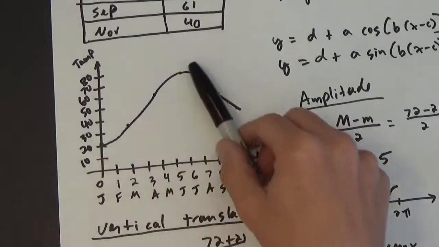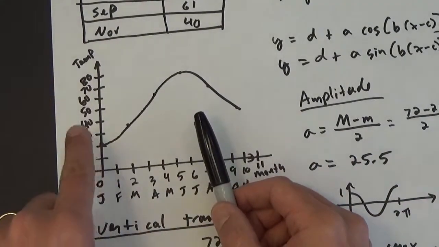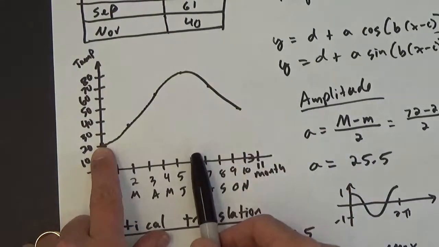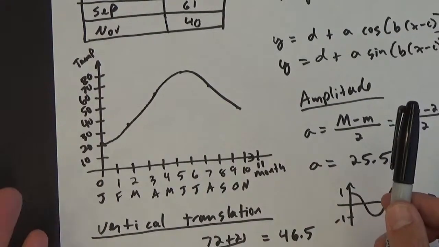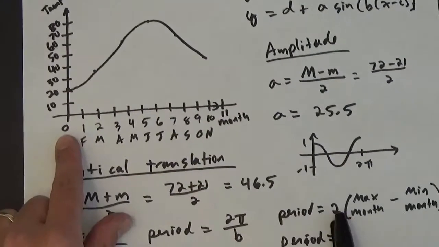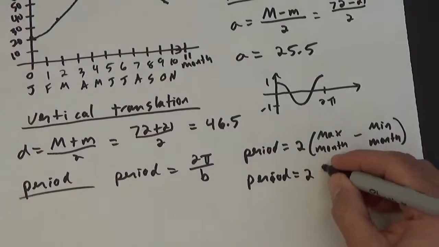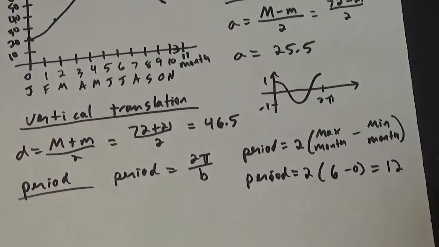Well, sometimes you don't have data for 1 full period, like in this case. So an easier thing to do is say, what is our minimum? That happens at 0. What is our maximum? That happens at 6. And if I subtract those two, that will be half a period. Then if I multiply it by 2, I get a full period. So it's actually going to be 2 times 6 minus 0, which is 12.